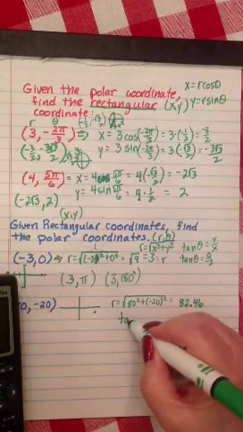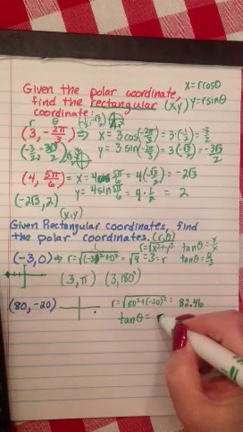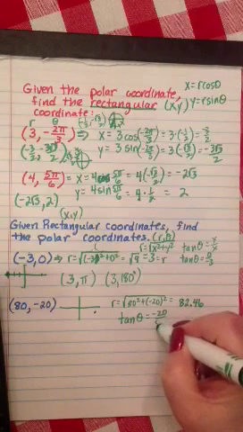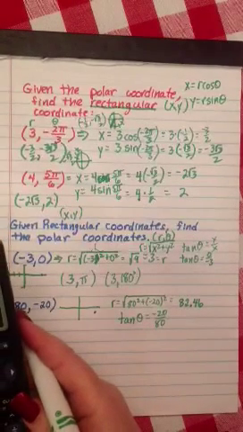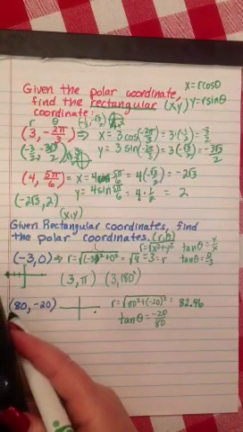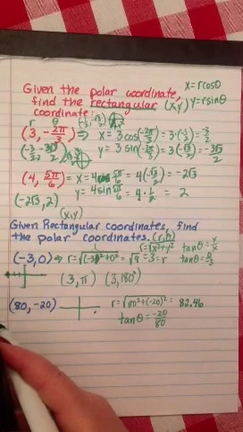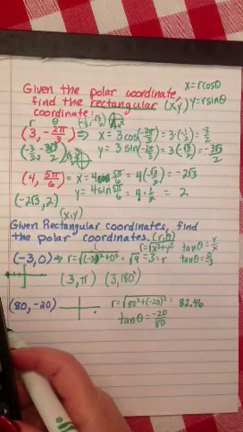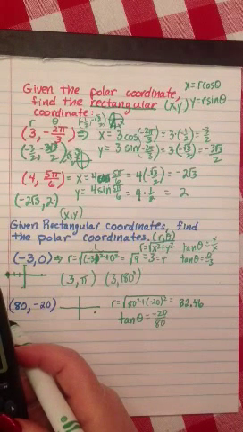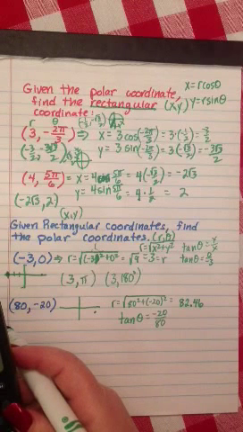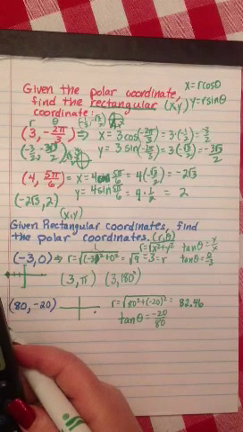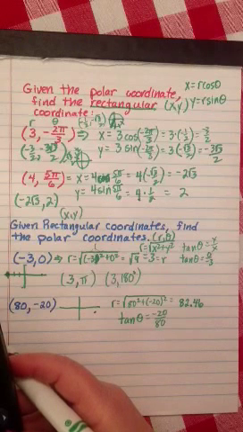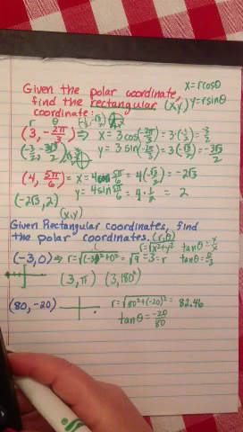And I know that the tangent of theta is equal to y over x, so negative 20 over 80. You could reduce it, or you could just type it in that way. It's okay. Now, I think I would rather my answer come out in degrees anyway. I'm going to go up one here and go over. I'm going to have my answer give it to me in degrees.